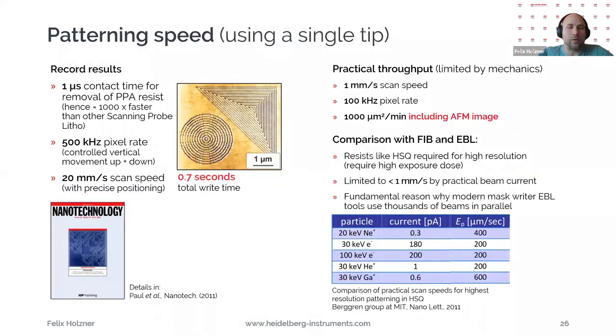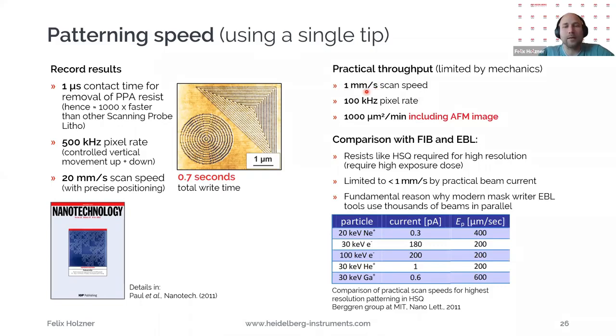So the question comes up, what's the limitation of our patterning speed? And to make it short, in the end, what we are limited by is mechanics. We have to move this tip accurately and fast by means of piezo motors and this electrostatic actuation of the cantilever. And that's in the end limiting our speed. As a rule of thumb, you can remember these numbers.